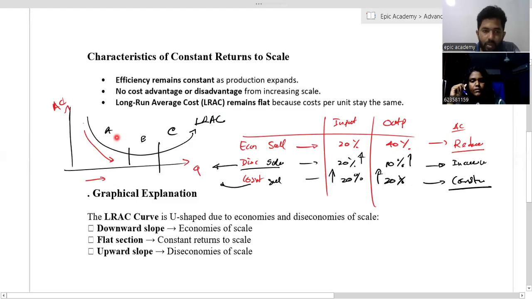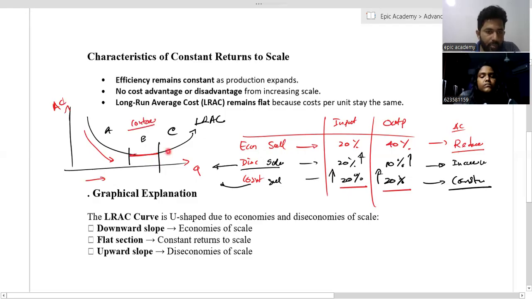It is a favorable situation for the producer. During part B, there is no certain behavior for the average cost. You increase the input by 20, the output also increases by 20, the same quantity, and the average cost does not change. So this can be called constant. Constant means the average cost does not change.